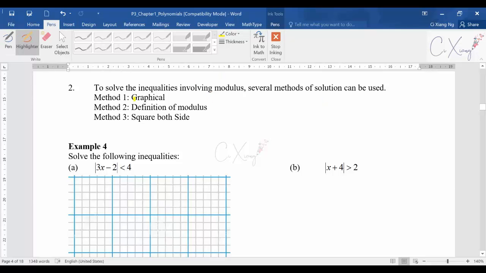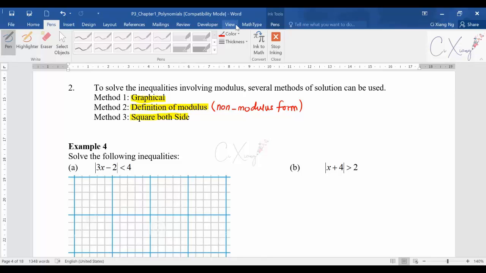You still have the graphical method, you still have the definition of modulus, where we write it in non-modulus form, and then squaring both sides. The idea is still the same as what we learned before. That's why I said different methods will be suitable for different types of question.